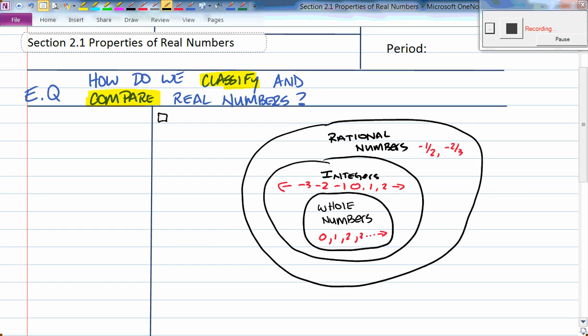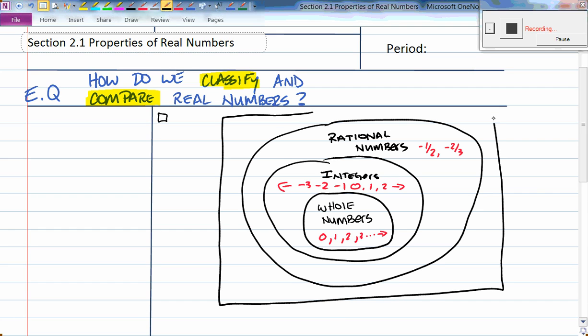Right? Well, if you put all these together in one big box here, we call this box the real numbers. And notice that the real numbers is what we're talking about up here and right here. So all of those make up the real numbers.